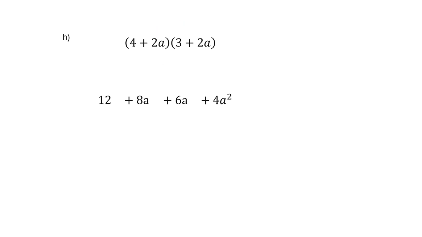Collecting our like terms, 8a plus 6a becomes 14a, for a final answer of 4a squared plus 14a plus 12. Once again, we take our squared exponent, bring it to the front, and we take our constant and put it at the end. So it's in this order. Again, the more common convention of how to write our final expression.